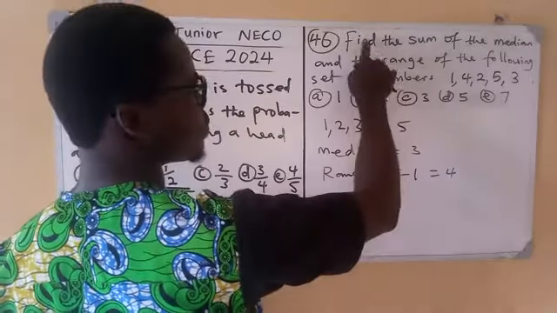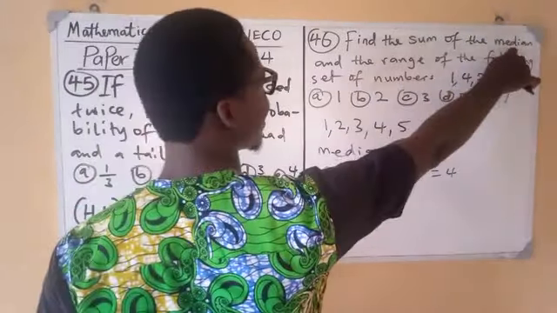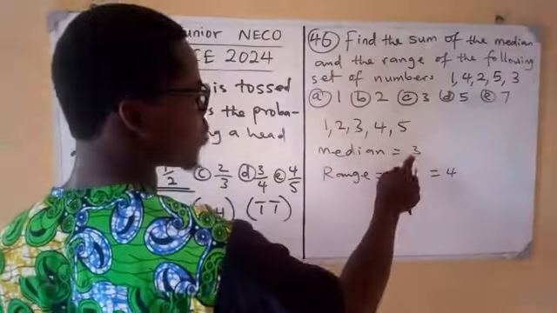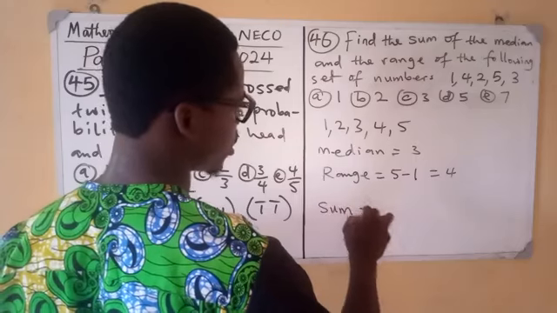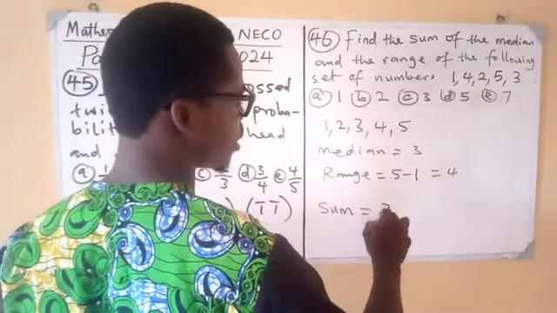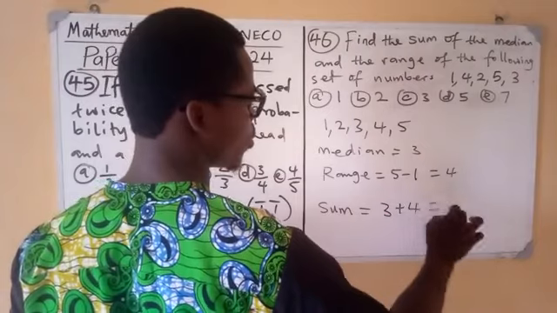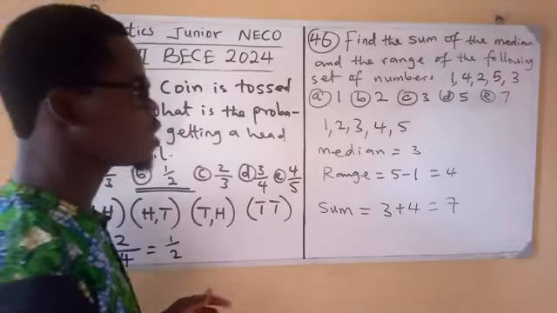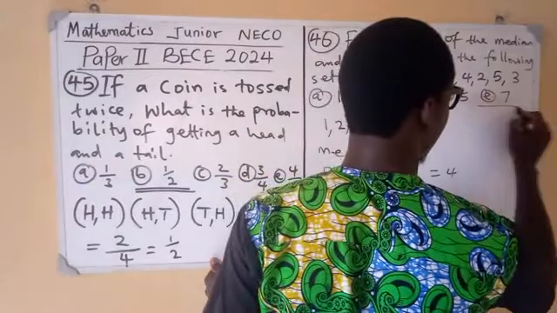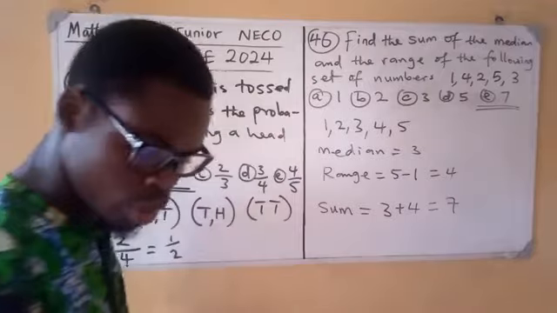Now the question says, find the sum of the median and the range. So the sum is equal to 3 plus 4, which is 7. So the correct option is option E.